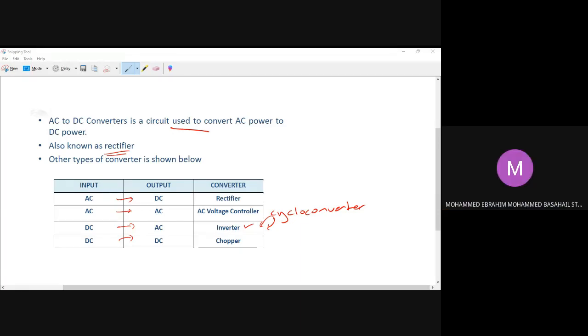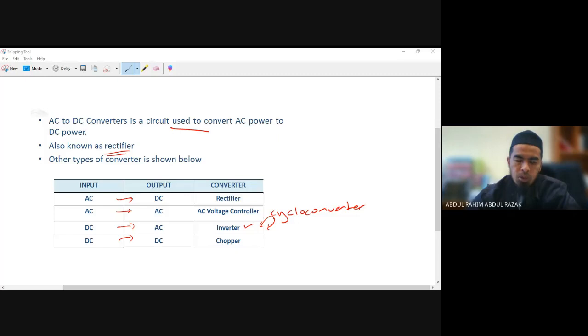Half-wave uses only one diode, and full-wave means you have to use two diodes. It means that it will process both sides of your signal, positive and negative. If half-wave, only the positive part or the negative part is processed, while the other part is voided.